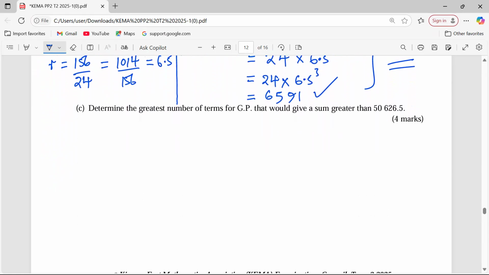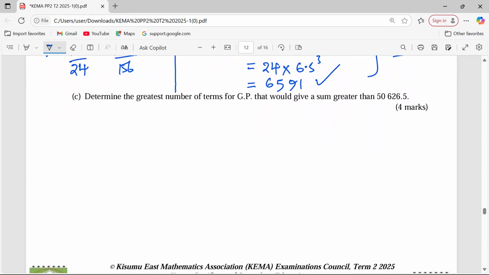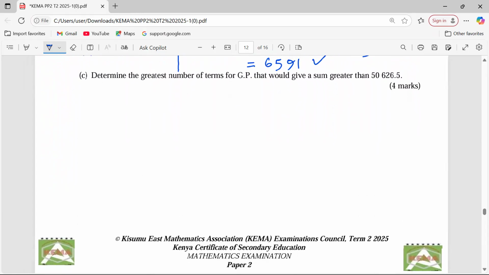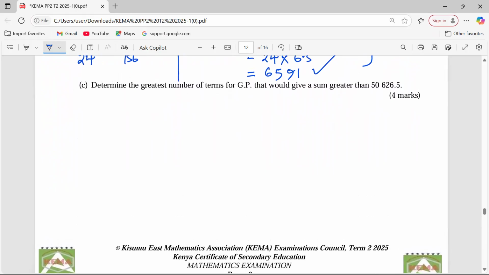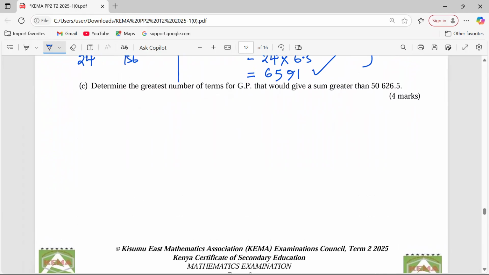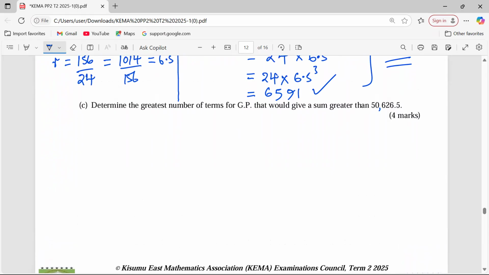Very simple. Now, are we supposed to check part C together? I would request your attention here. Determine the greatest number of terms for the GP above that would give a sum greater than 50,626.5.